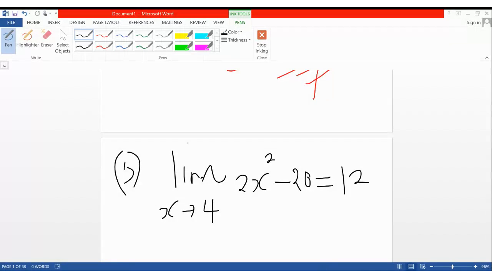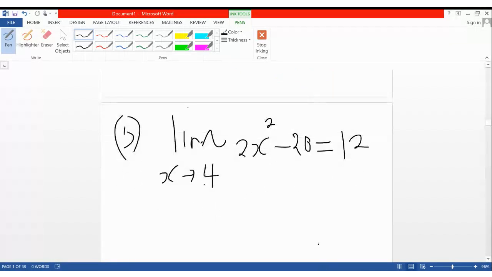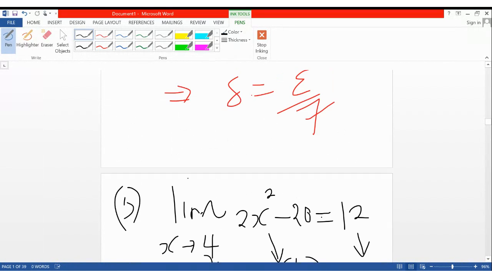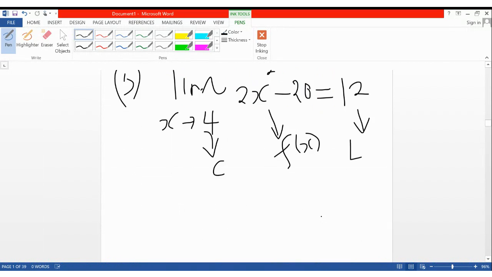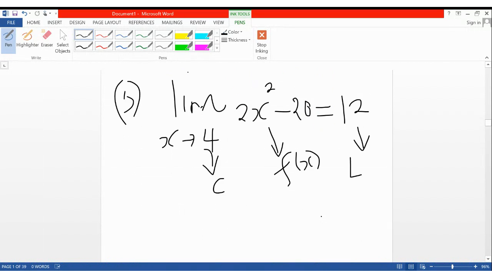I'll have to get some things from this equation. We had f of x, that is 2x squared minus 20, subtract our L, which is 12.